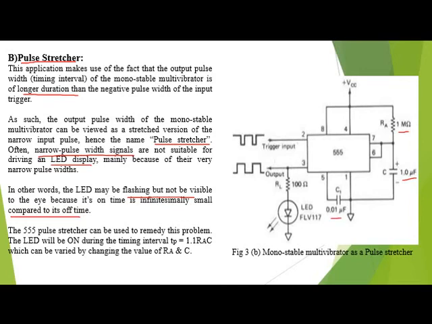This 555 timer pulse stretcher can be used to remedy this problem, and the LED will be on during the time interval of TP. When the circuit is on, TP is equal to 1.1 RA into C, which can be varied by changing the value of RA.